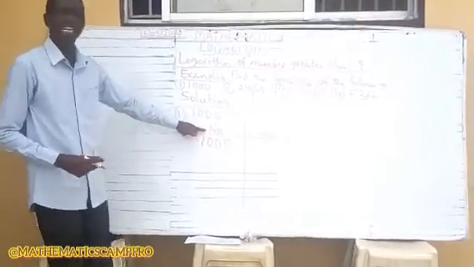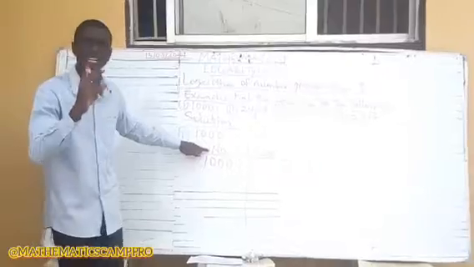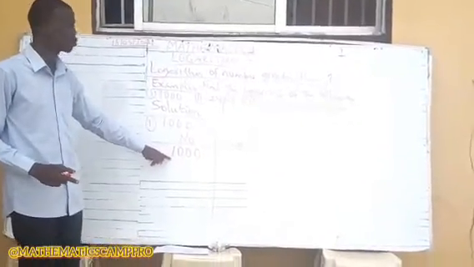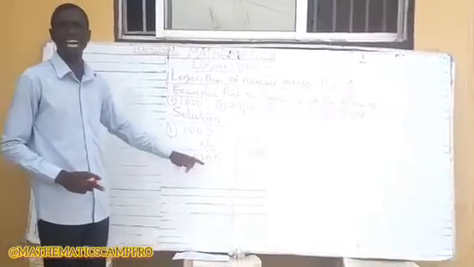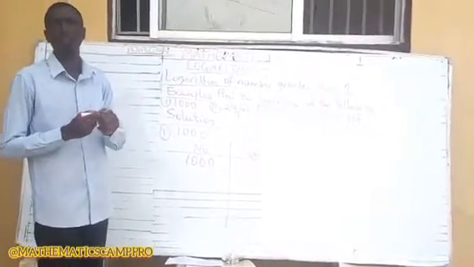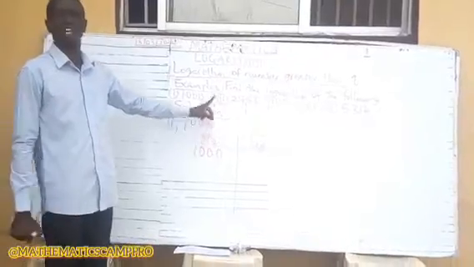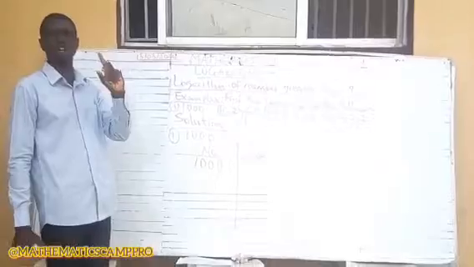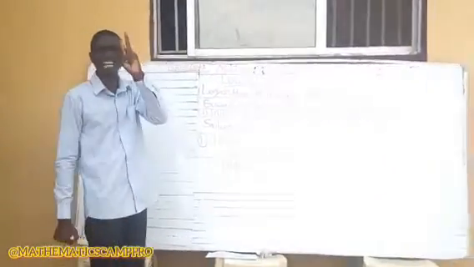I told you the first thing you ought to know is how to get your characteristics. That is the first thing you have to write anytime you are solving logarithm. We have seen that to get your characteristics, it is either of two ways.